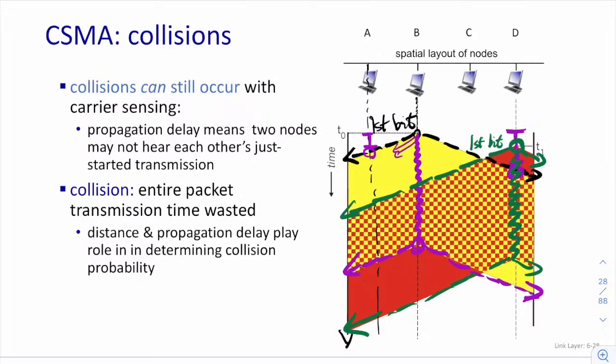Let's take a look at A. A will receive B's signal, but at this moment, it will receive B's signal and D's signal. In this part, the red signal and the yellow signal overlap, so A senses a collision.